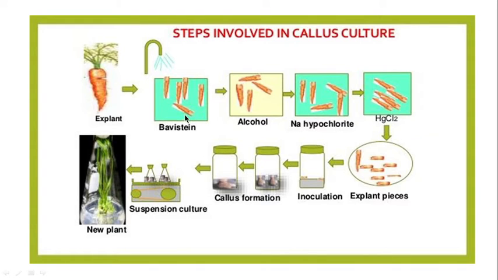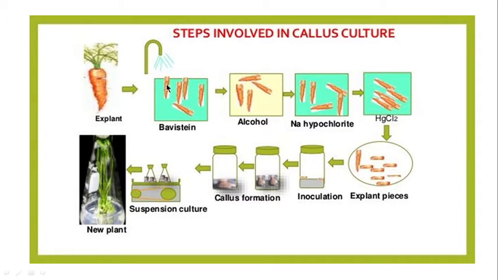If such fruits, vegetables or any part of a plant is cultured, then the plantlets which form will be contaminated with fungal infection. For that reason, Mavistin, a fungicide, is used to give surface treatment to the explant, so that any fungus on its outer surface is removed.